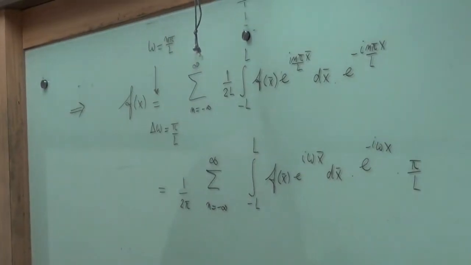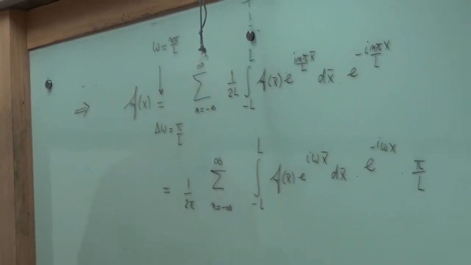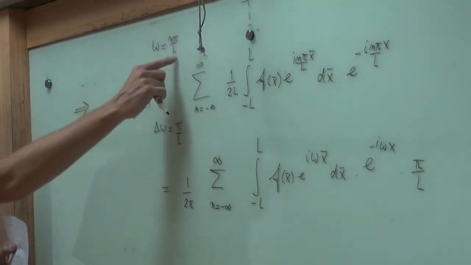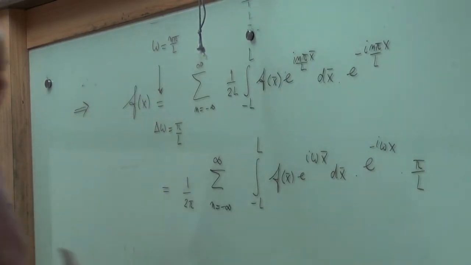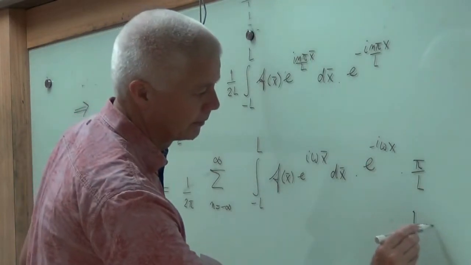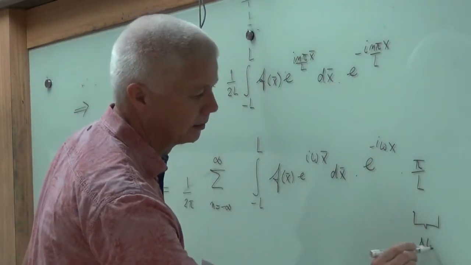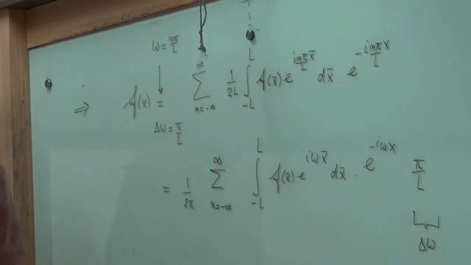I only did this, omega is n pi over L. So here I have actually delta omega. I'm letting L tend to infinity.